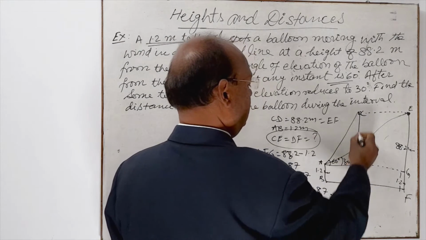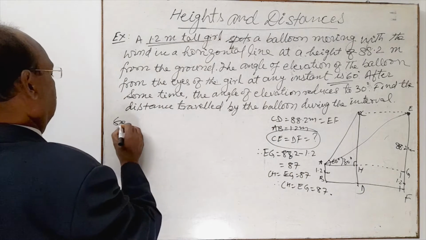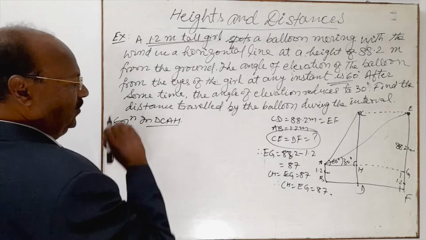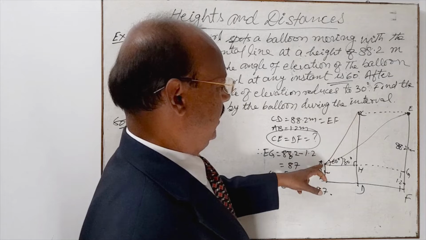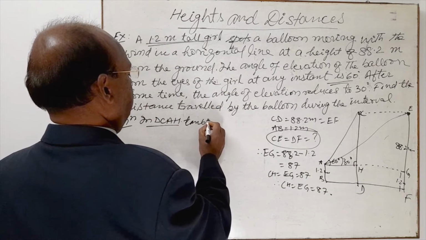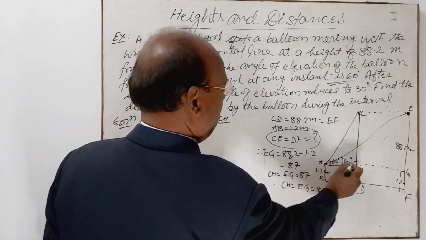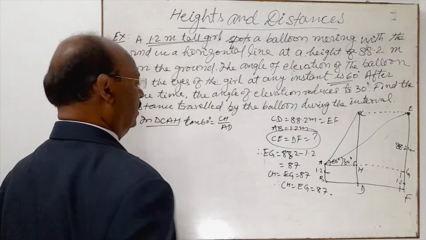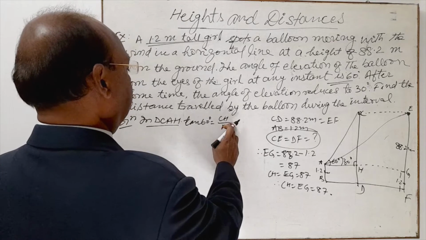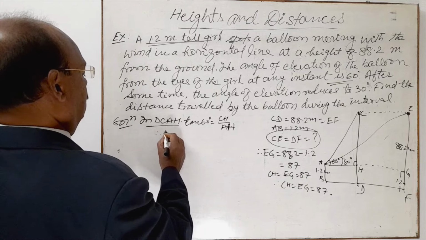So first of all, let us take right angle triangle CAH. This is 90 degree. Solution. In triangle CAH, you can take tan of 60 degree. Tan of 60 degree is equal to perpendicular CH by base AH. And you know, tan 60 is root 3.